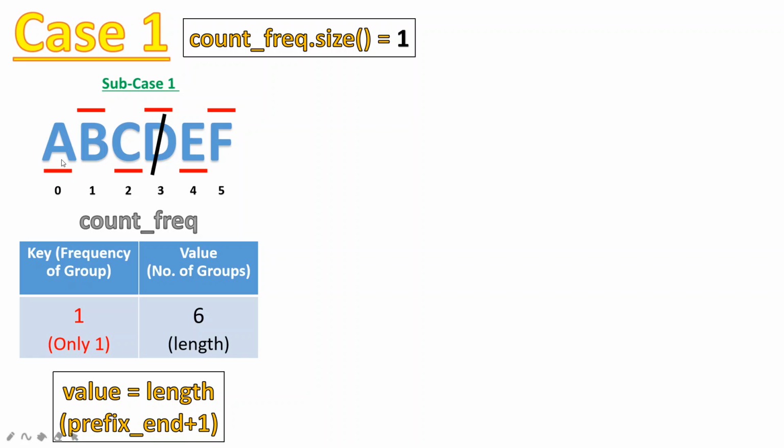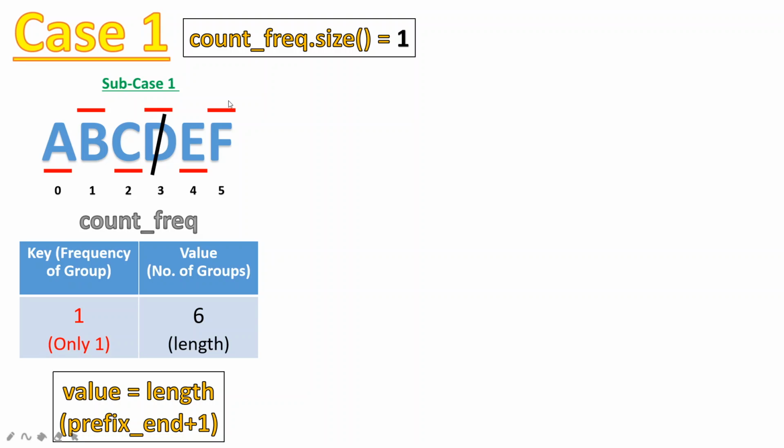Since every element is unique, every element forms a different group. So the total number of groups that we have right here is equal to the length of the array, that is 6. If we remove any one element, we are removing the entire group, and we are left with one less group.